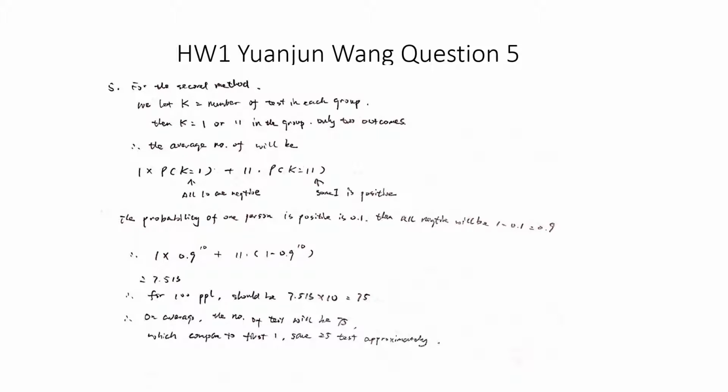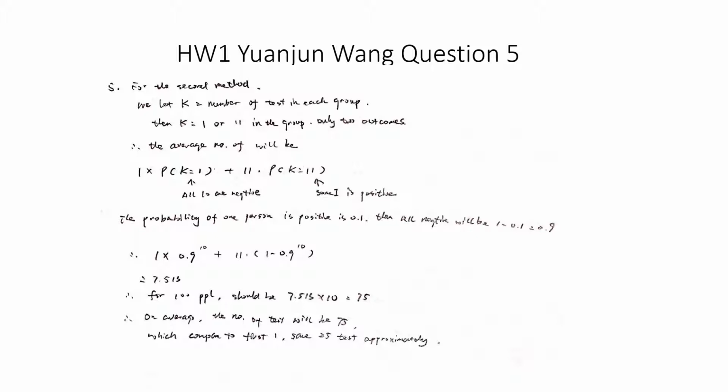So the probability that all 10 people are negative will be 0.9 to the 10th. And the probability that someone is infected and positive will be 1 minus 0.9 to the 10th.